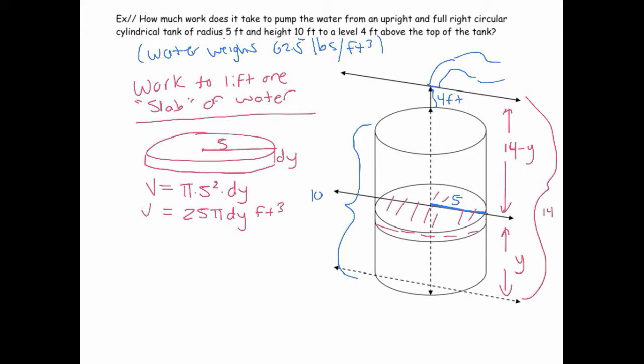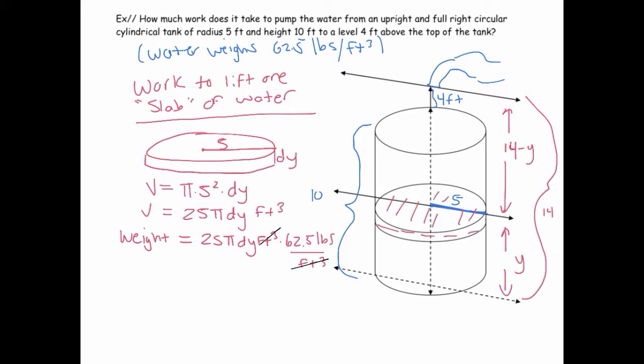And so then the weight is going to equal the volume, 25 pi dy feet cubed, I'm just doing the units so you'll see them cancel, times the weight of water, which is 62.5 pounds per cubic foot.